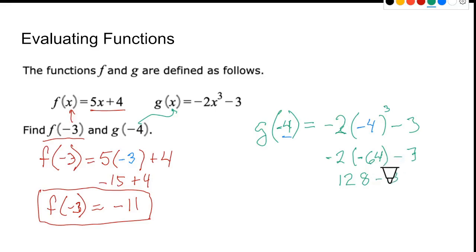Minus 3. And we could keep writing this g of negative 4, I'd like to just wait till the very end. Just bring it on down. And our final answer is going to be 125.